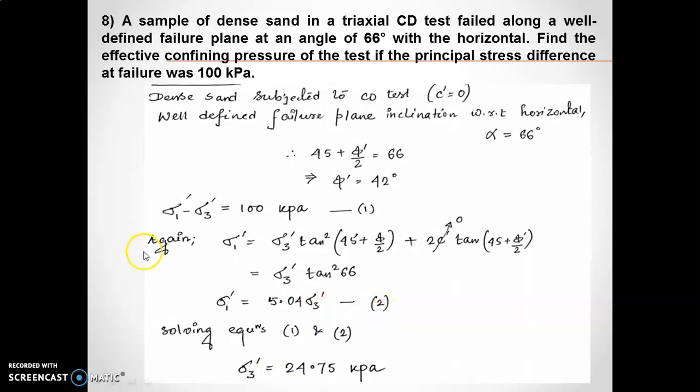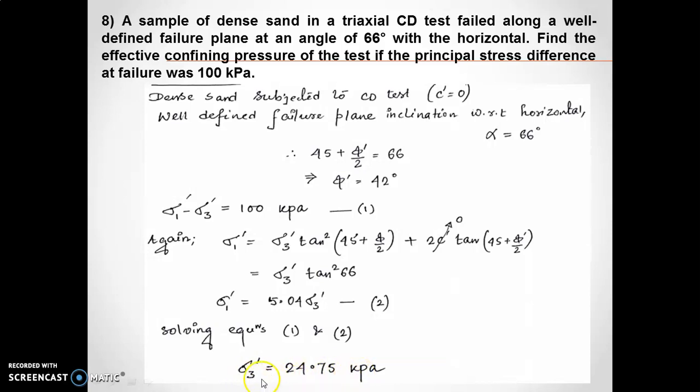Okay. Now we have the equation sigma 1 dash minus sigma 3 dash is equal to 100 and sigma 1 dash is equal to 5.04 sigma 3 dash. Substitute the sigma 1 dash value in equation 1. So you will get sigma 3 dash equal to 24.75.